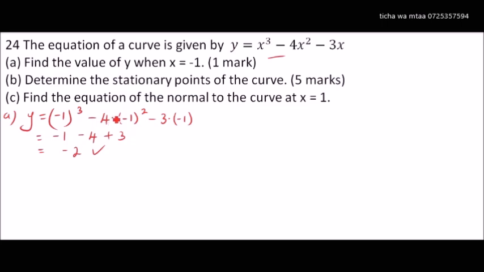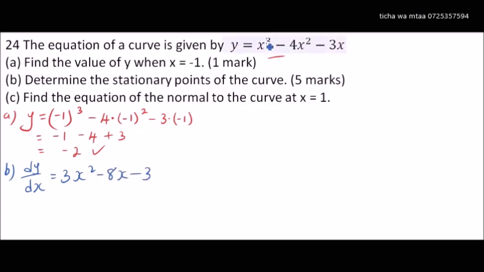Then we have to determine the stationary points of the curve. So part B. Stationary points, we know the gradient function should be equal to 0 at a stationary point. So we need to differentiate this to get the gradient function. So dy over dx is equal to 3x squared minus 8x minus 3.